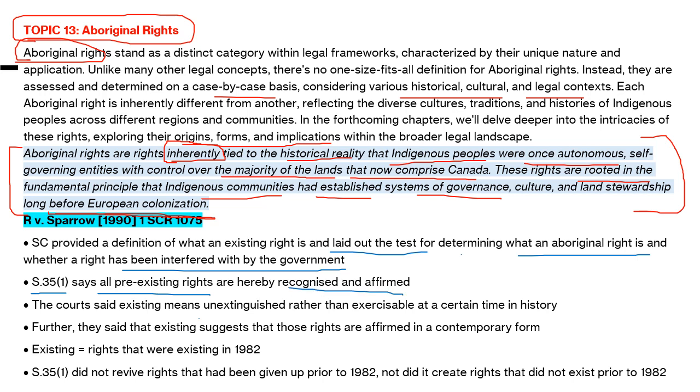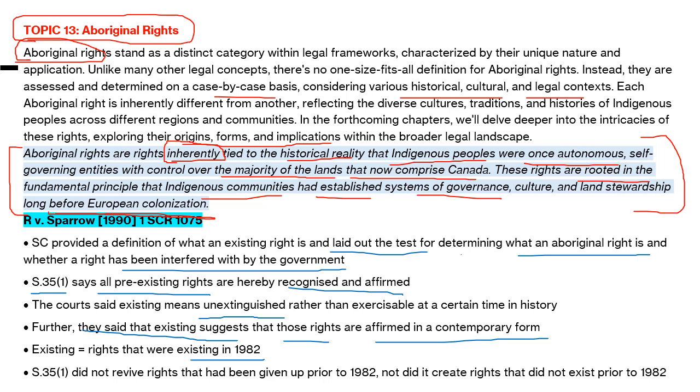The court said existing means unextinguished, not extinguished, still exercisable. They say that existing suggests those rights are affirmed in a contemporary form. Existing rights are those that existed in 1982.